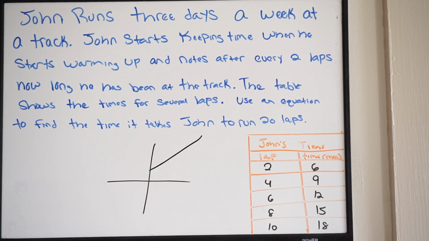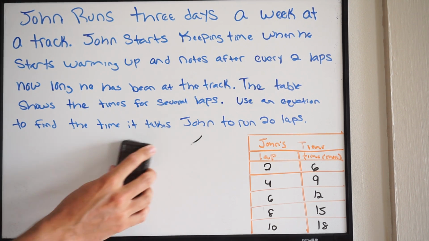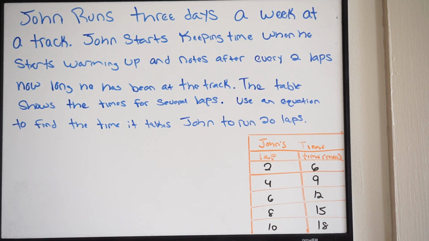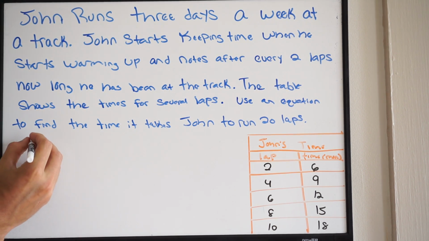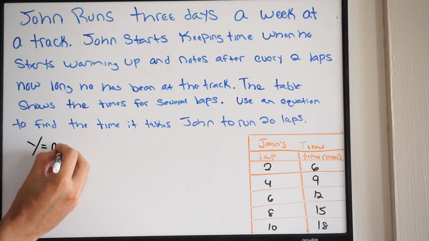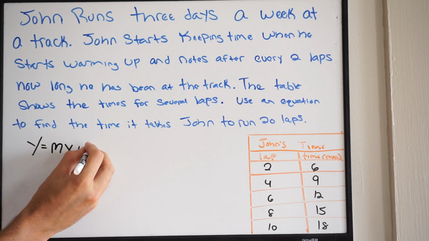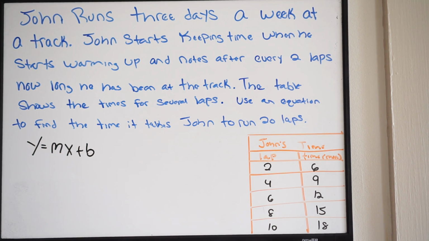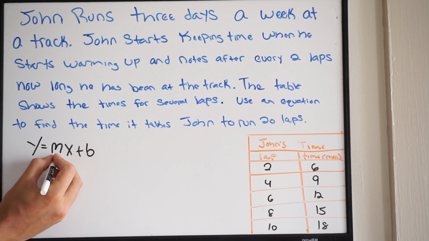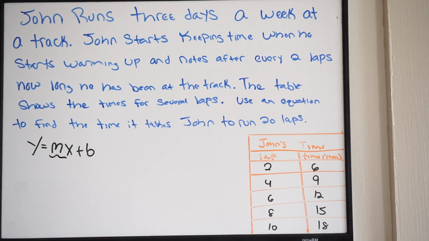So what we need to do here is find the slope of this line. That's the first step, because we're going to use slope-intercept form, y equals mx plus b. Our first job is to find our slope value, or this m value.